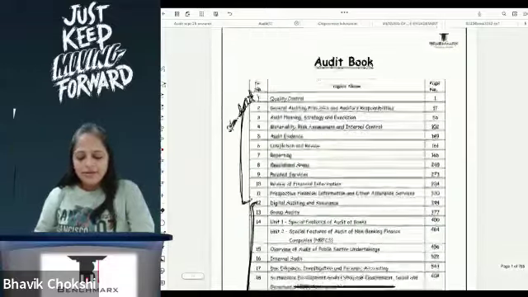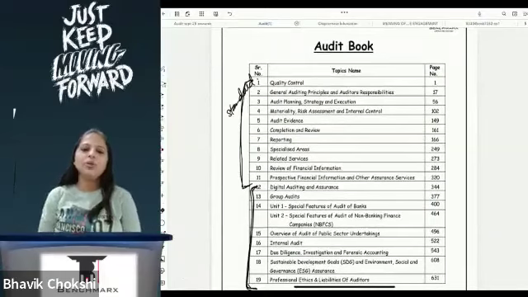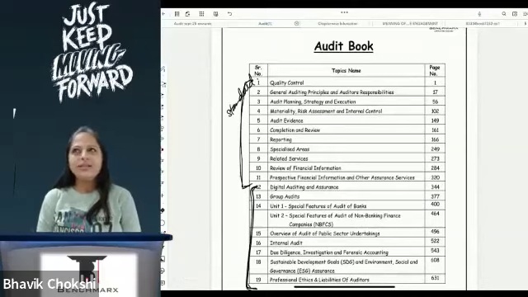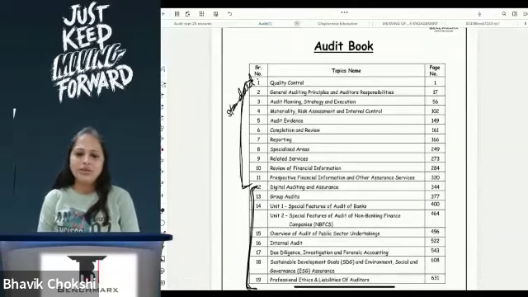Apart from the standards which are mentioned here, a few standards from your CA Inter are also something that sometimes the institute can ask you about. Those standards are not included in the textbook, but I will be teaching you as and when we go through the topic.